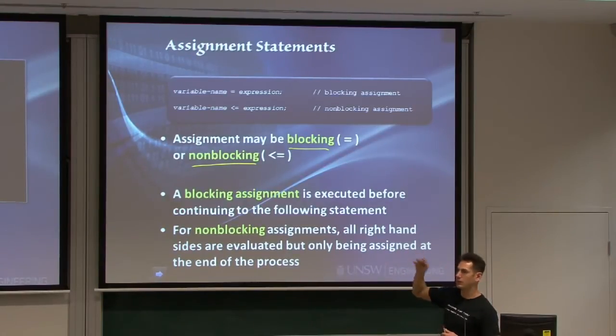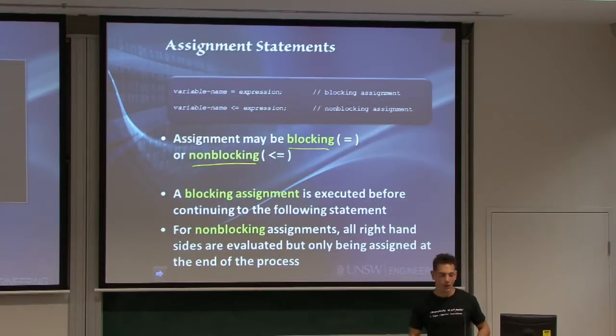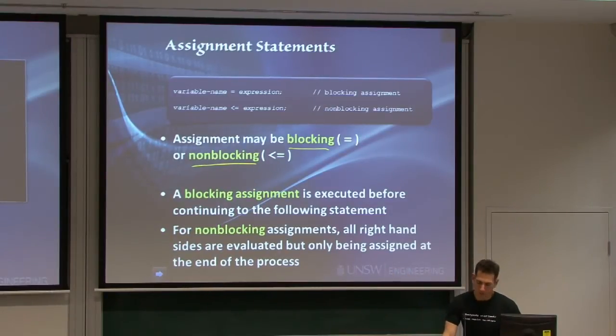It can be at the beginning, middle, end, anywhere. It's only executed at the end of the process. Instead of blocking, the cycle, you execute it during the whole thing, right? Yes and no. Technically it's being executed where it is, but it's being assigned at the end.